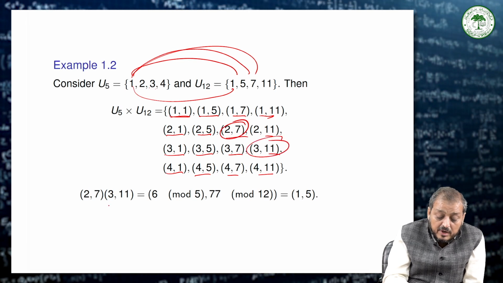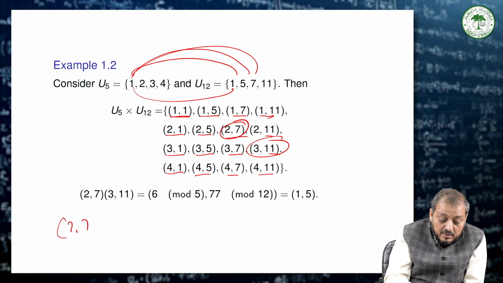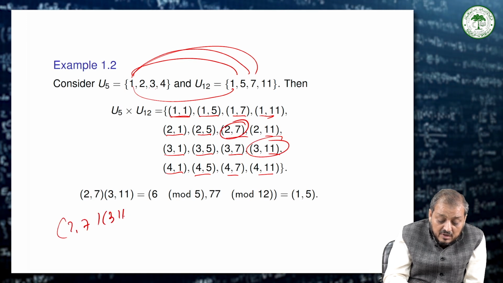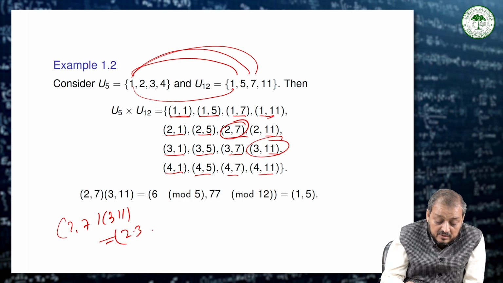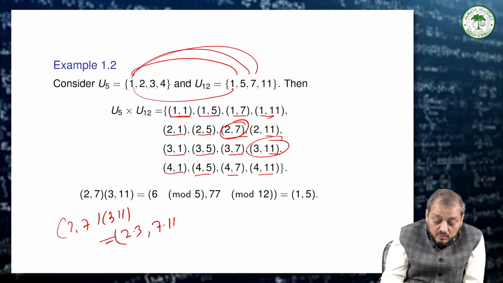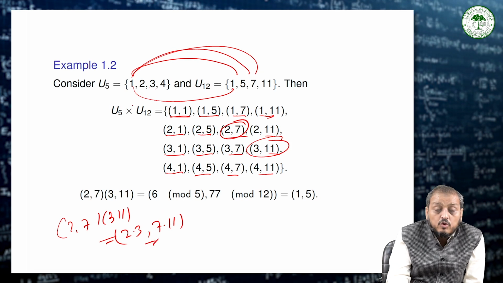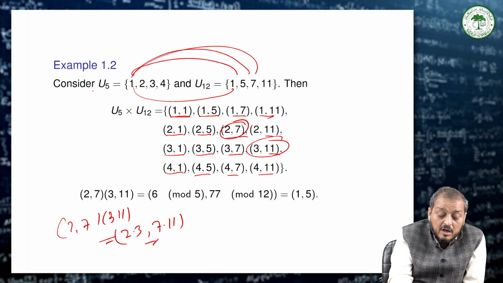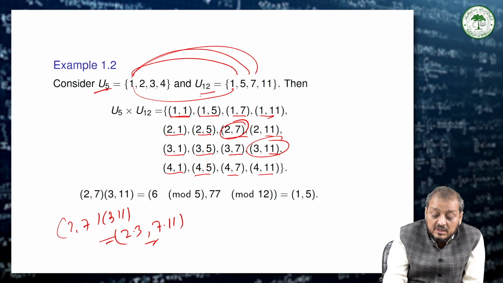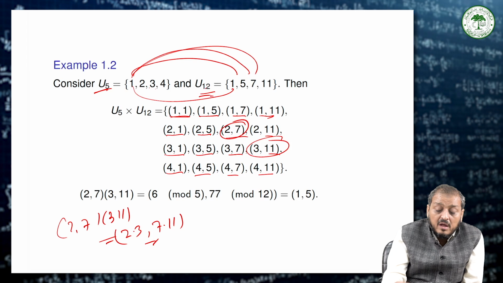What is the product of these two? We have (2,7) and (3,11), so the product is 2 into 3, and 7 into 11, because these two groups are under multiplication modulo. The first one is under multiplication modulo 5, and this one is under multiplication modulo 12.